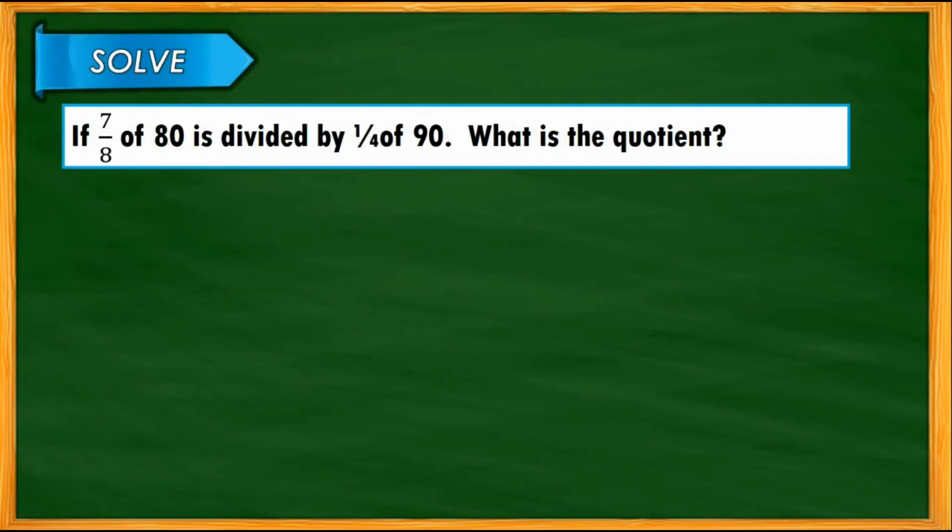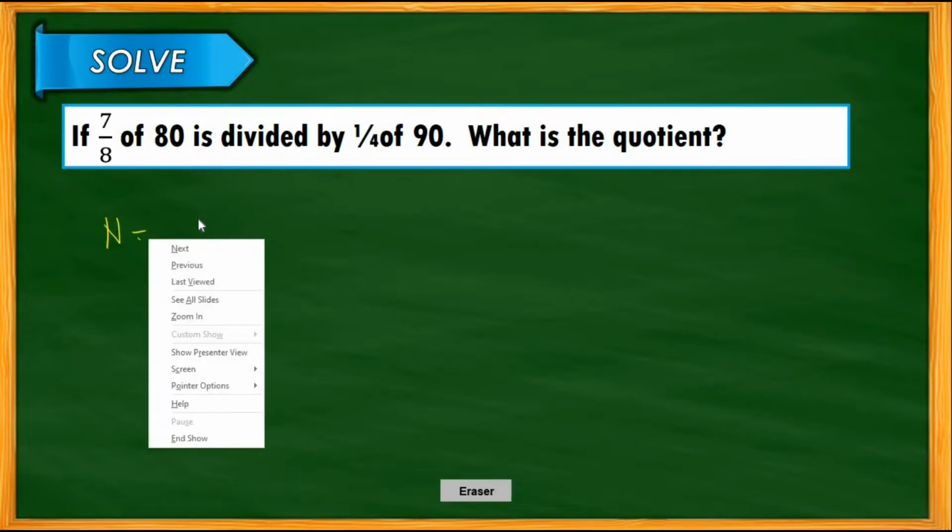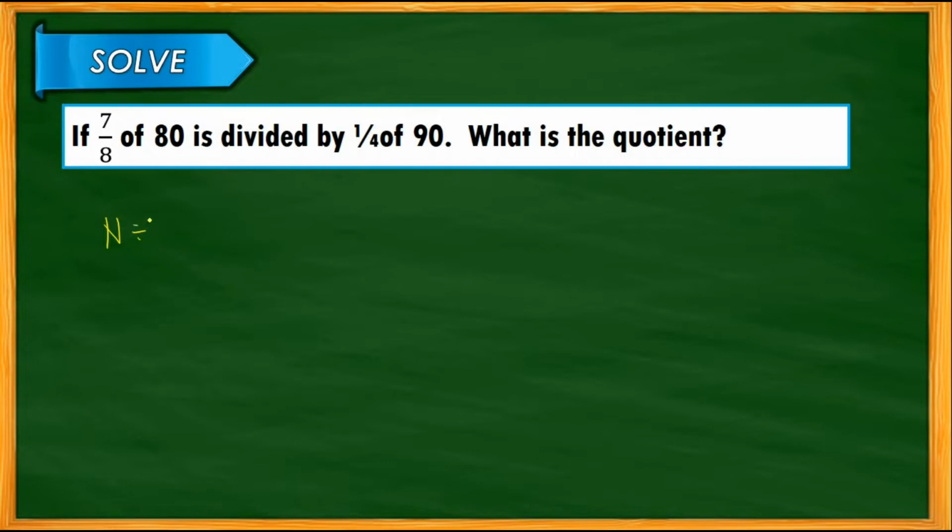So again, the number sentence is n is equal to the quantity of 7/8 multiplied by 80, close parenthesis, divided by the quantity of 1/4 of 90, close parenthesis.